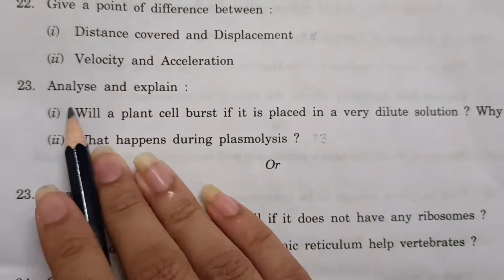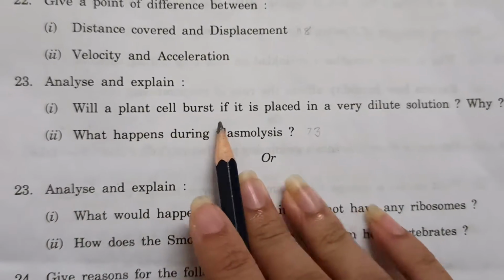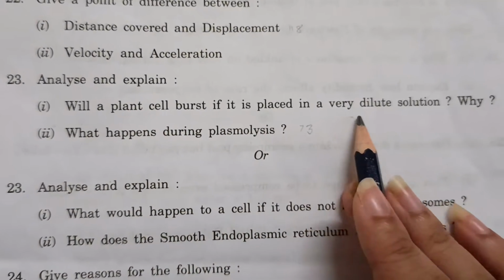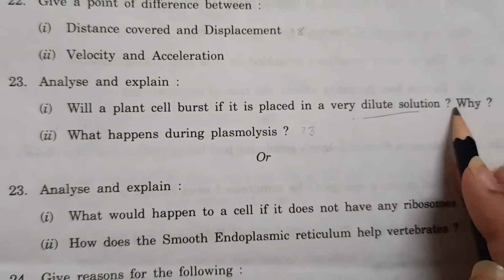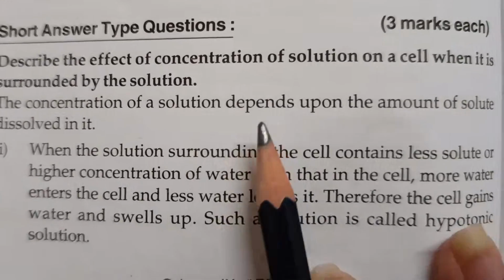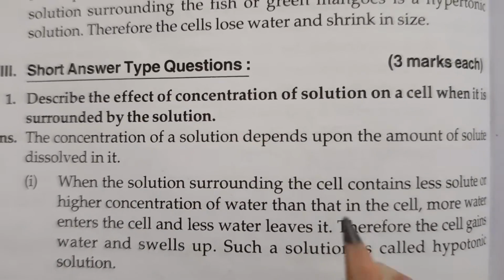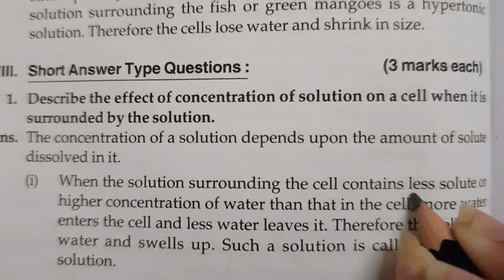Question number 23. Analyze and explain. 1. Will a plant cell burst if it is placed in a very dilute solution, and why? Here in this case the cell will not burst. The reason here, in the dilute solution we know that there will be less solute.